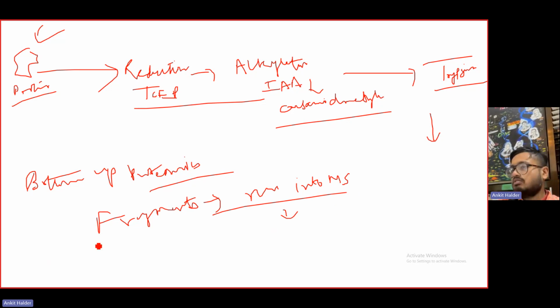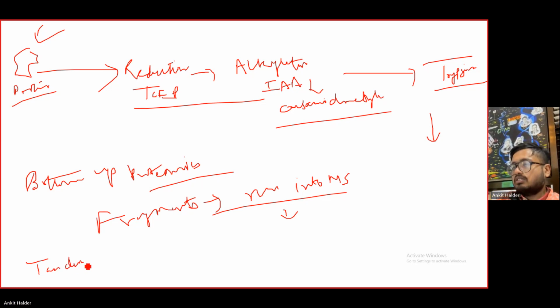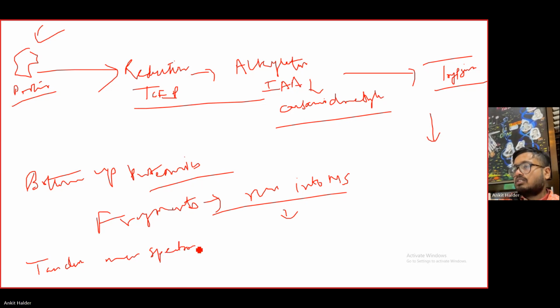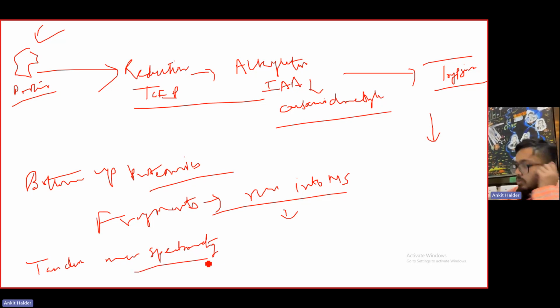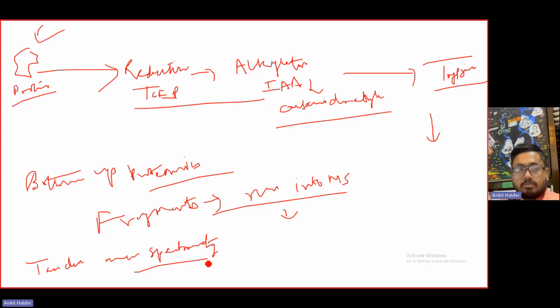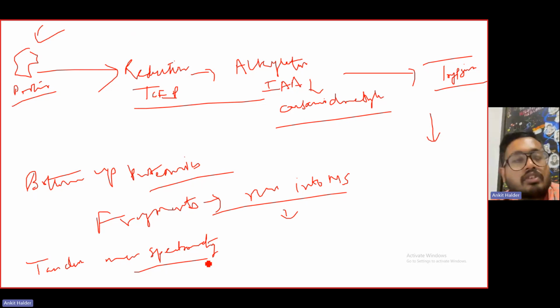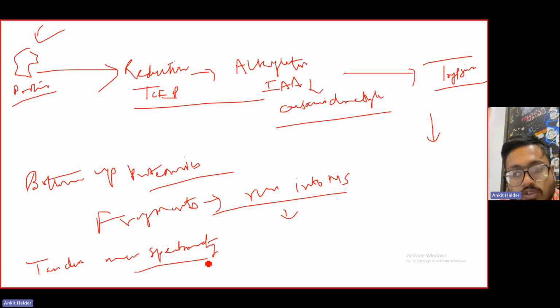We have discussed in great detail the tandem mass spectrometry. Either you can use some labeling technologies for quantification or not, but yeah. The tandem mass spectrometry helps you do the MS/MS to deduce the sequence of the peptides, right?